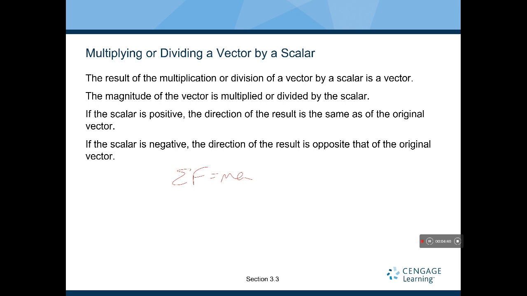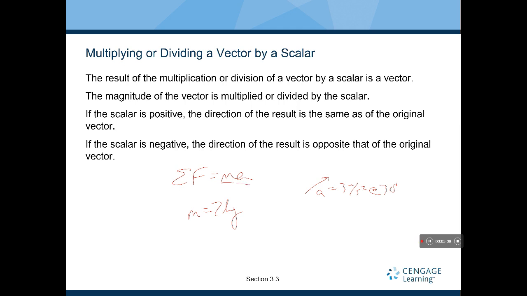If acceleration is this, and mass is 2 kilograms, mass is a scalar. Let's say acceleration is 3 meters per second squared at about 30 degrees. So how do we figure out what force is? It's the scalar times the vector. What does that do?